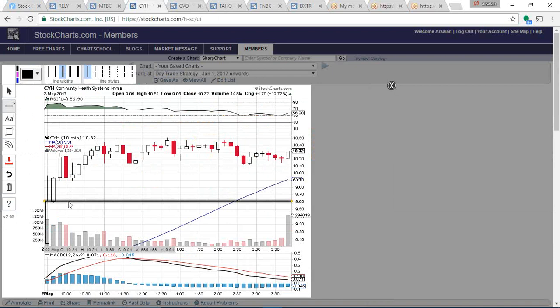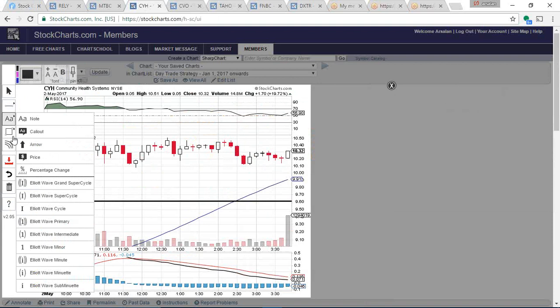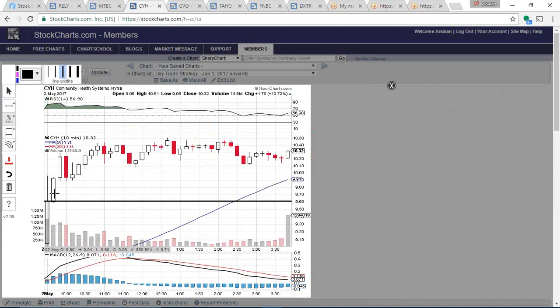Within the next 10 minutes, it opened at 960, and 2 minutes into it, I already knew it was going to pass it because the volume was high, MACD was positive above zero, RSI was above 70, everything was a go, and that's exactly what we did. We got in right around 970, and if you would have held on, it topped out at about 1040 for a 7.3% gain.